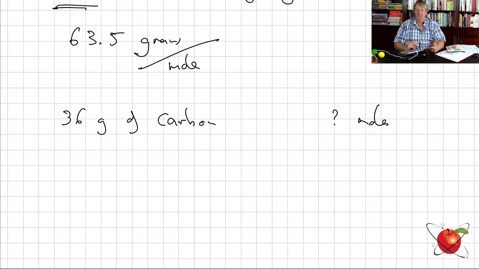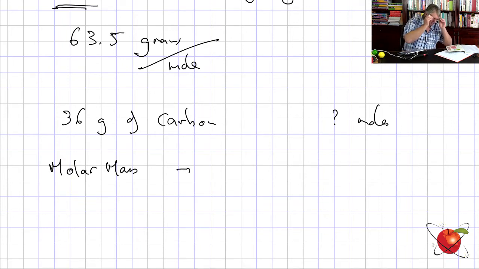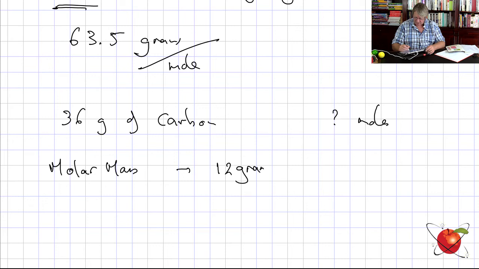First thing in chemistry, we look up the molar or molecular mass of carbon. You go across and look under carbon and you'll see 12. This is 12 grams per mole.